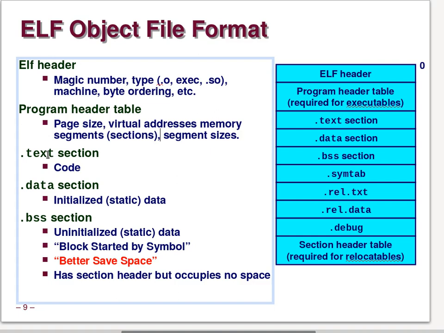Your text is going to be your code, so .text is your code section, .data is any initialized data, and then BSS is a block started by symbol. It's pretty much uninitialized static data, so if you have any global data that's not going to change, it can be put in here. The rest of these I've learned are optional, but most of these are added if you compile with -g, and they will add some symbol tables and debug information.